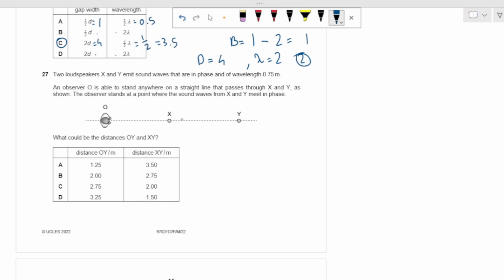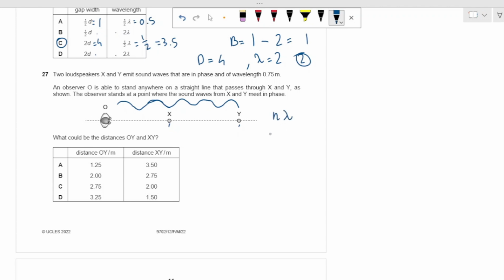Alright, what have they said to us? They have said to us that two loudspeakers X and Y emit sound waves that are in phase. That means whatever wave that Y is emitting, X must also be emitting it in phase. For 2 points to be in phase, their path difference must be an even number of lambda.